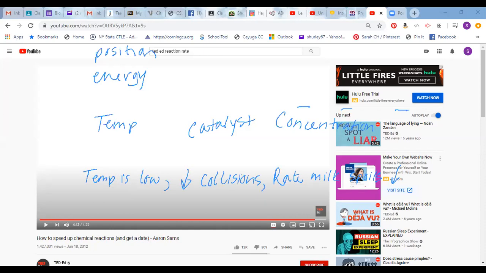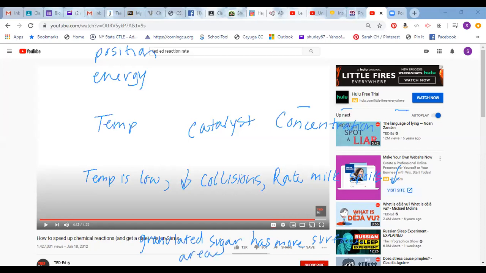Okay, and then number 4, 2 students are having coffee in the commons. Student A adds 2 cubes of sugar. Student B adds 1 spoonful of granulated sugar. Why does B get to drink her coffee first? Granulated sugar has a greater surface area. More surface area.